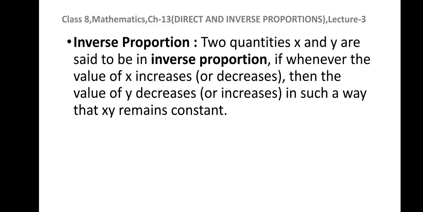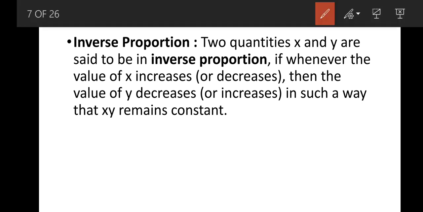Let us talk about inverse proportion. Two quantities x and y are said to be in inverse proportion if whenever the value of x increases or decreases, then the value of y decreases or increases in such a way that xy remains constant.